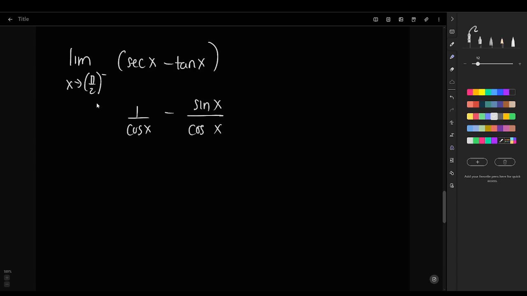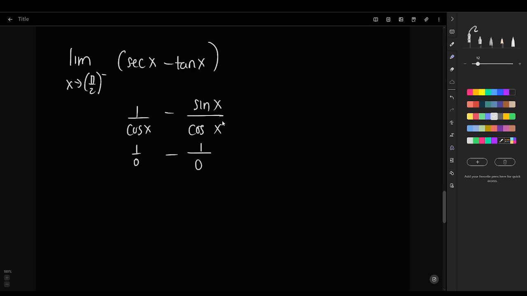And when you apply pi over 2, cosine of pi over 2, or cosine of 90 degrees, I think, right? Cosine of 90 degrees is 0. So this is 1 over 0, and it will lead you to an indeterminate value, or infinity, right? Still, this is 1 all over 0, no?